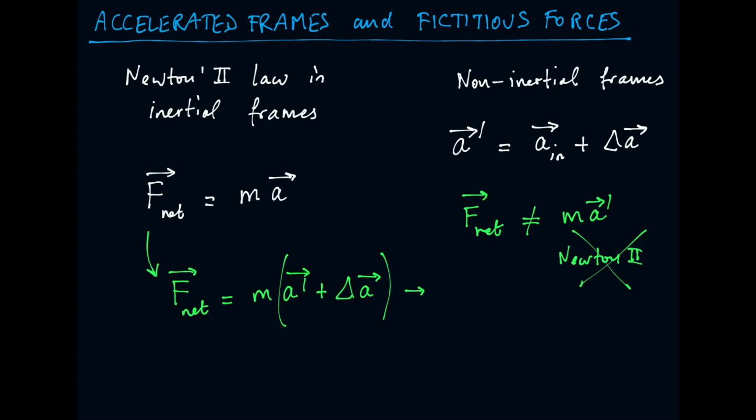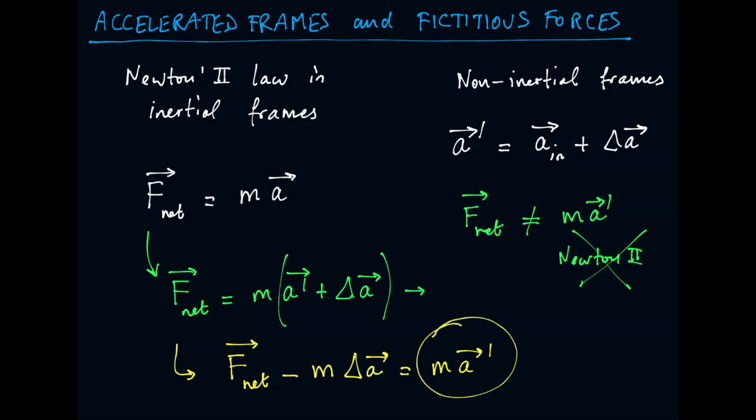And interestingly, the way in which this is not true allows us to rewrite this as F net minus m delta A equals m A prime. So an observer sees, okay, I observe a certain acceleration in my reference frame. I multiply by the mass of this object.